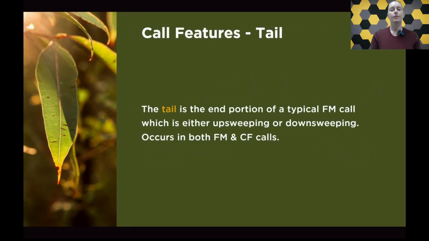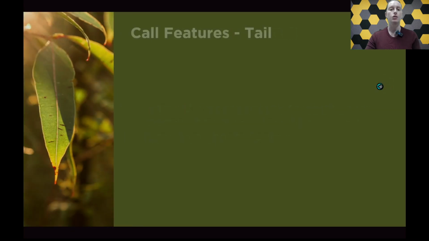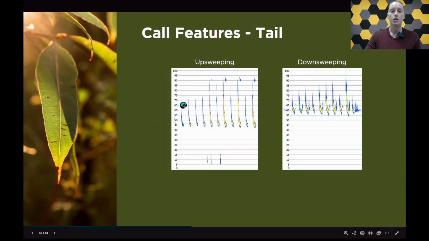The tail is the end portion of a call, typically FM, which is either up sweeping or down sweeping. So a tail occurs in both frequency modulated and constant frequency calls, but it can be very diagnostic when it's used with FM calls. I'll show you what I mean. So here you have up sweeping tails.